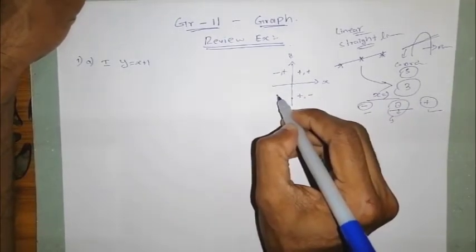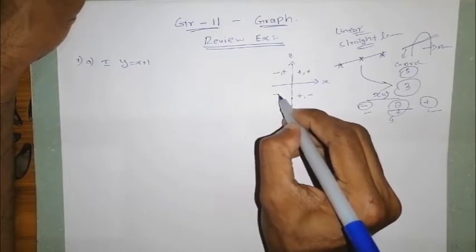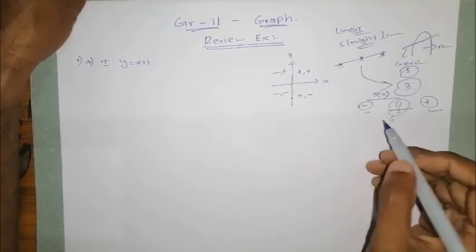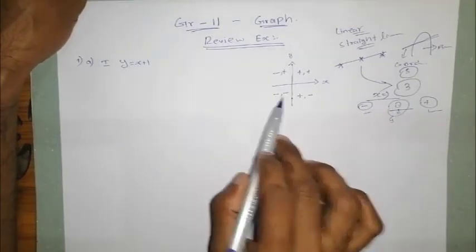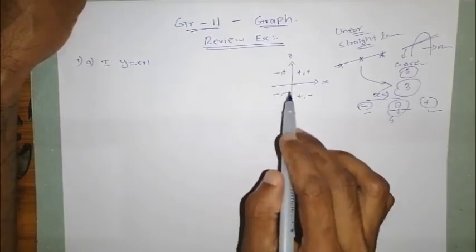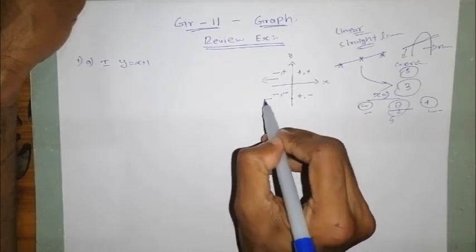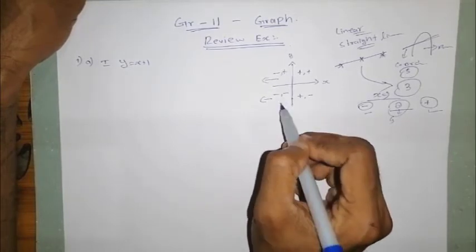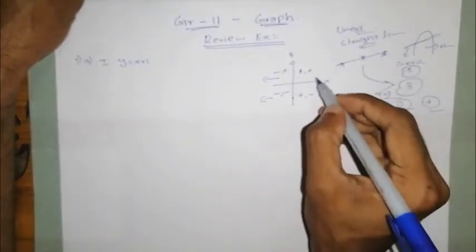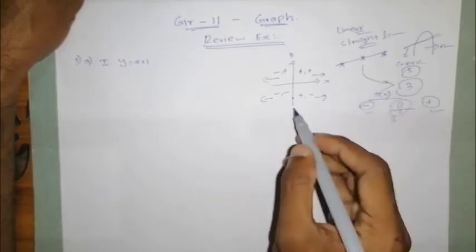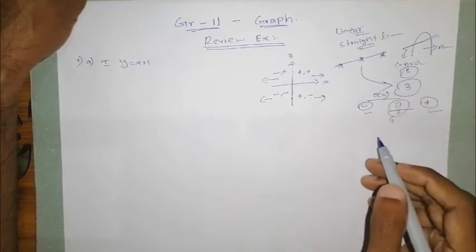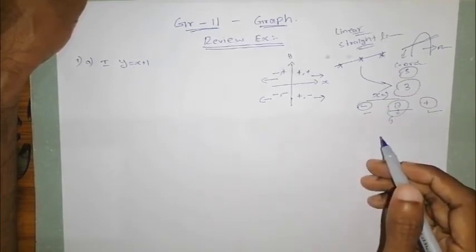In this area, both x and y coordinates are negative. If you take a negative value of x, you will have the graph in these two areas, because in both areas the x coordinate is negative. If you take a positive value, you will have the other areas, so it will cover the Cartesian plane. Using this straight line graph, it will help if you want to answer any question.